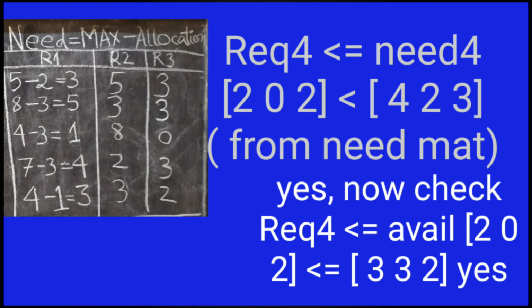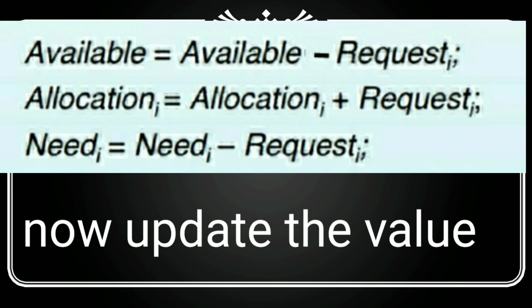This condition is also satisfied. So Available equals Available minus Request, Allocation equals Allocation plus Request, and Need equals Need minus Request. So we have to update the values in the table.